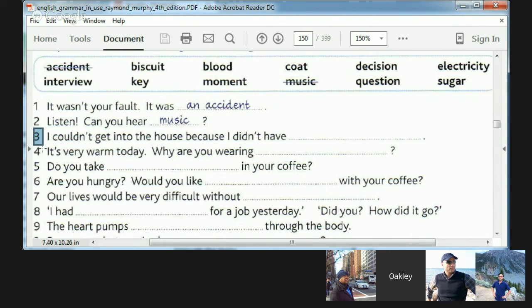Number 4. It's very warm today. Why are you wearing a coat? Of course, a coat. Very good. Coats are countable. You have to be careful with clothing. Three shirts, three coats.